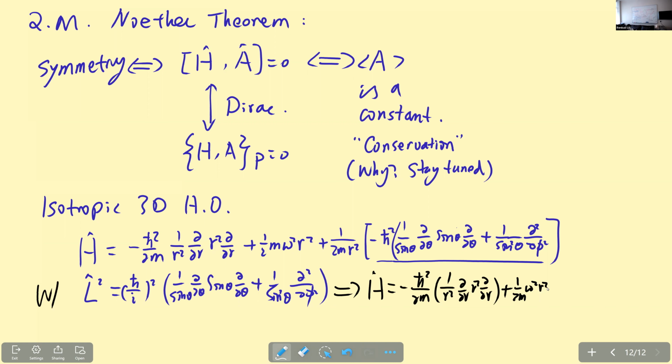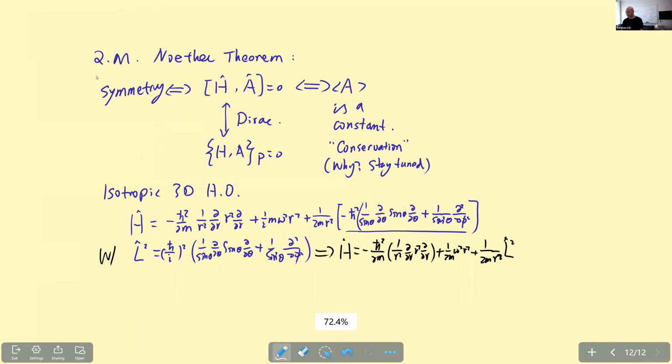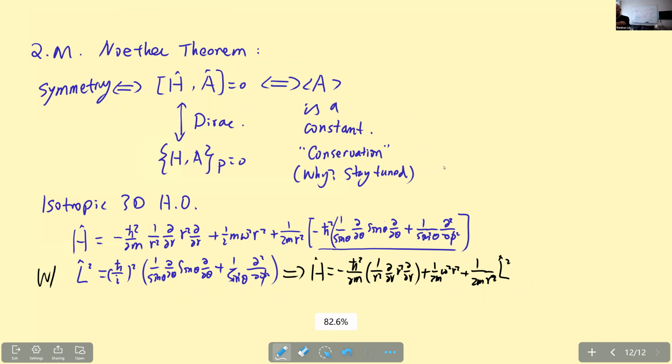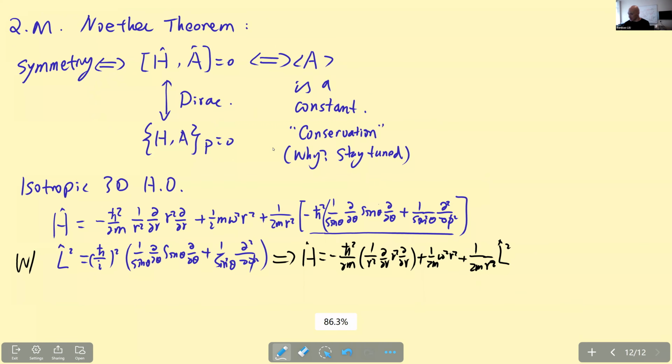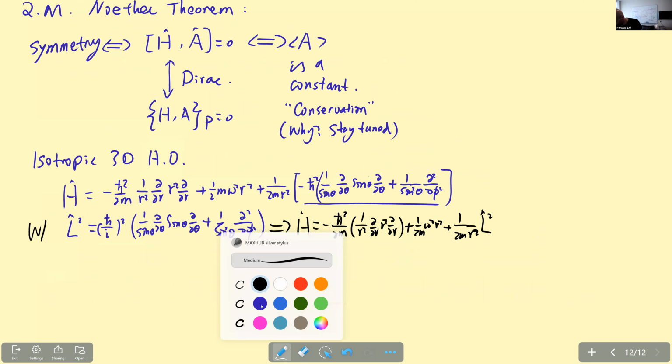This is the radial part, and then plus 1 over 2m r squared times what's left, which is just L squared. So look at this Hamiltonian. Check this Hamiltonian.